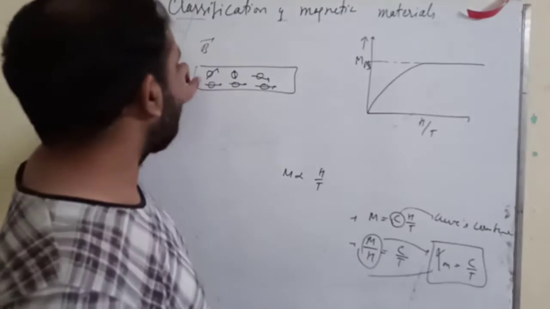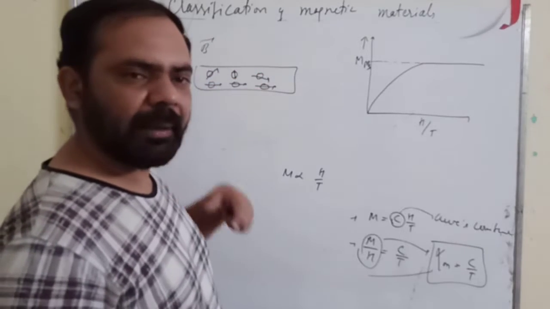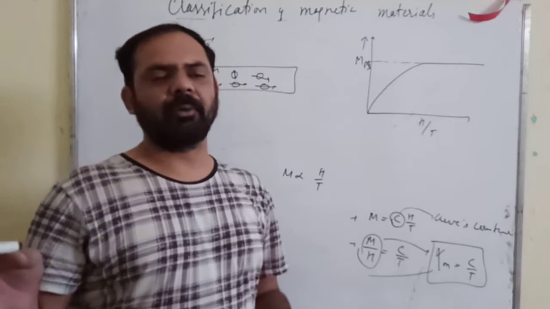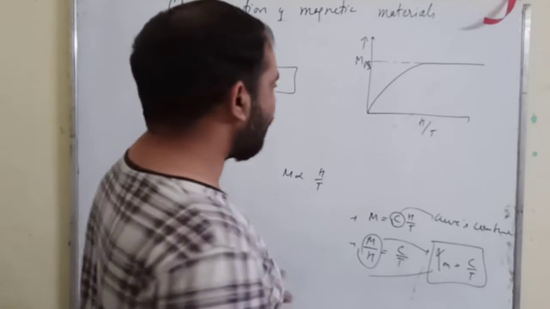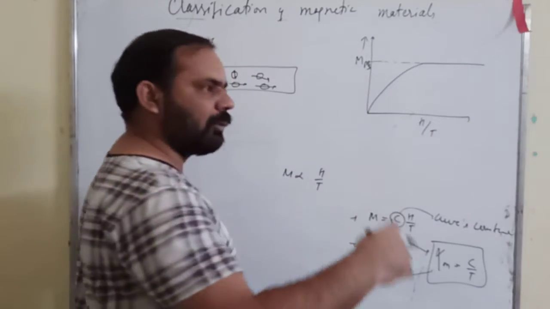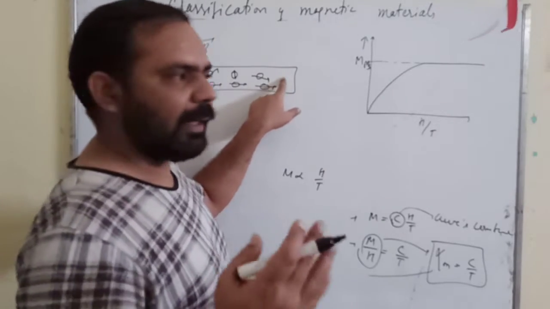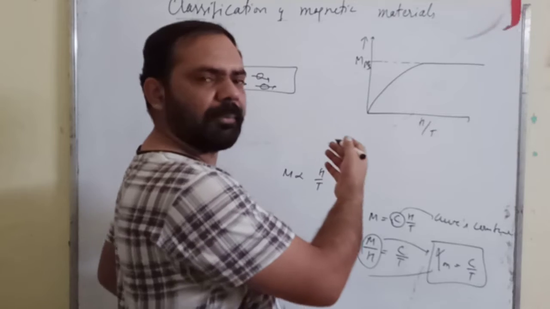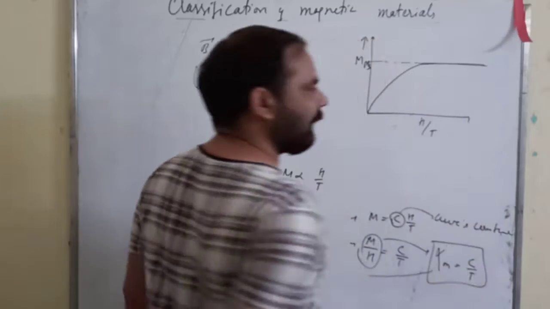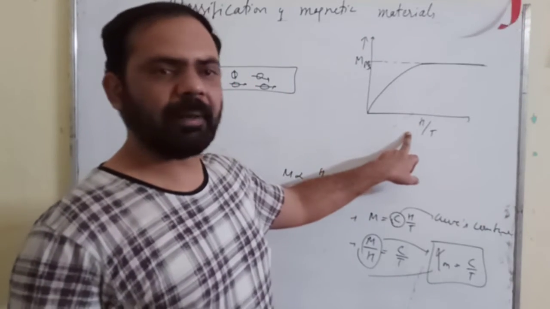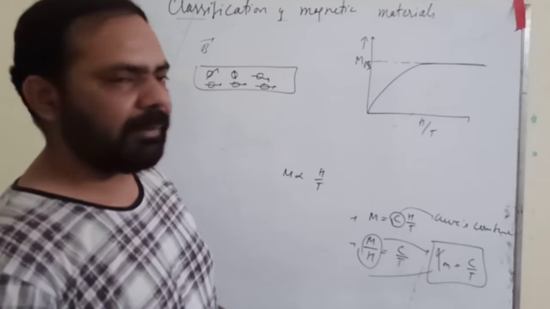After that, if you increase the strength, no more alignment can take place, because all the individual dipole moments are already aligned, so you get a saturated value. If you increase the value of H upon T after that, it is not going to increase the value of M. So it will have a fixed value after that.